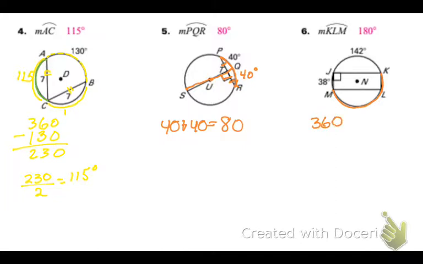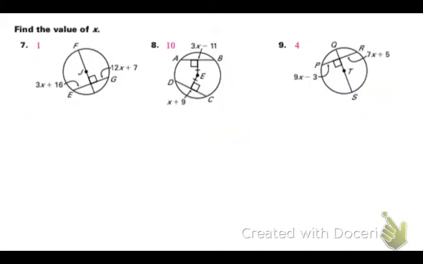So we can subtract this part here, minus 142, which is 218. And then we can subtract this part off here, minus 38, which is 180. And we're left with this part equaling 180 degrees. Remember a few simple rules, and these aren't bad problems at all.